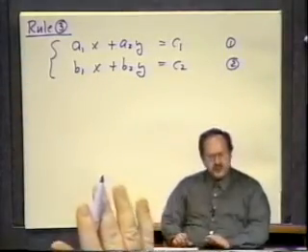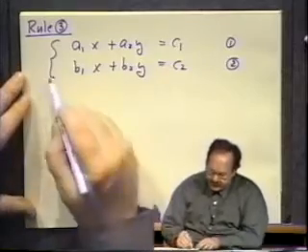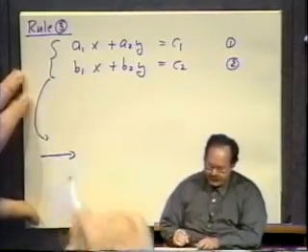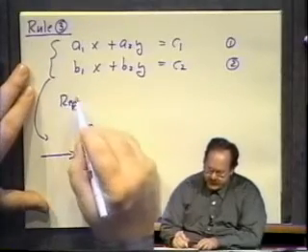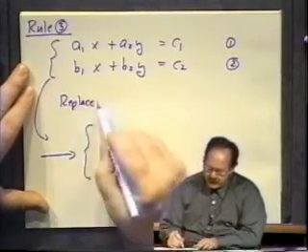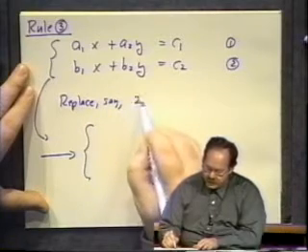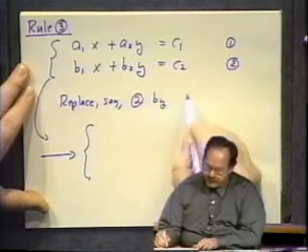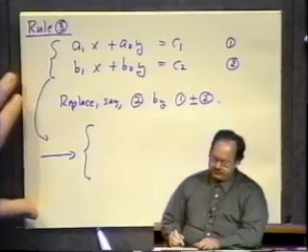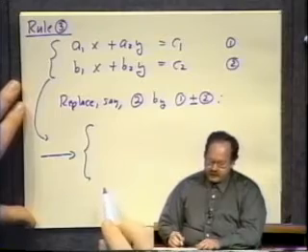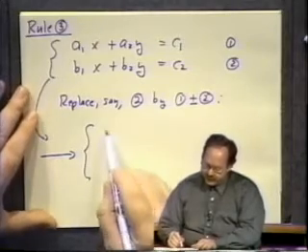Now what does rule 3 say? Rule 3 says, there'll be my new system. Rule 3 says replace, say, 2 by 1 plus 2, or 1 minus 2. So I can do that, and so I'm replacing 2.